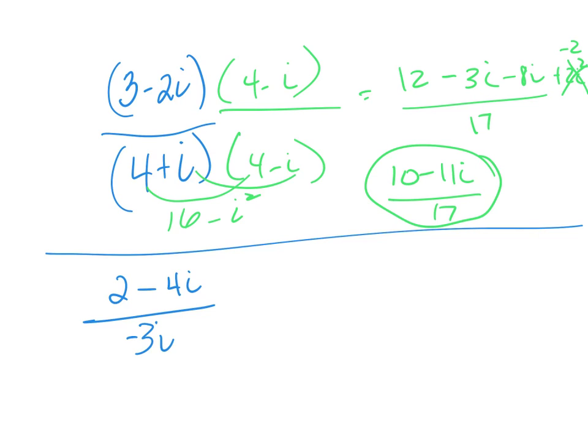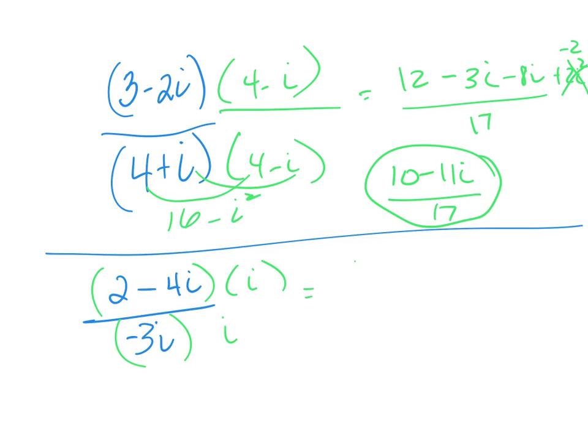Now on the second one, we have to get rid of the i in the basement. What do you think we multiply by? You just need a plain i to get rid of the i. So I'm going to multiply this by i, and I'm going to put parentheses around this guy and this guy.